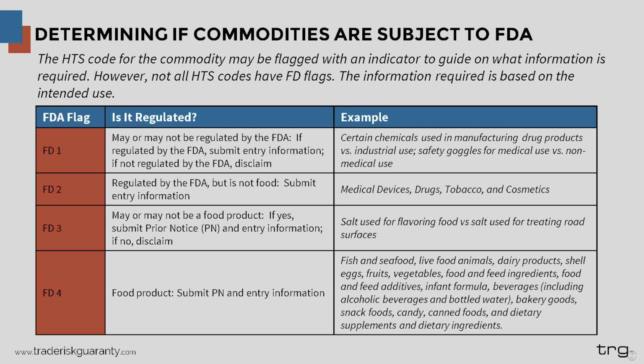This leads me to believe that the indicator shows up within the entry software the entry filer is using, whether that is ACE or a third-party software. Since the majority of importers hire a customs broker to file their entries, the importer would not really have easy access to an entry filing software that would display these indicators.